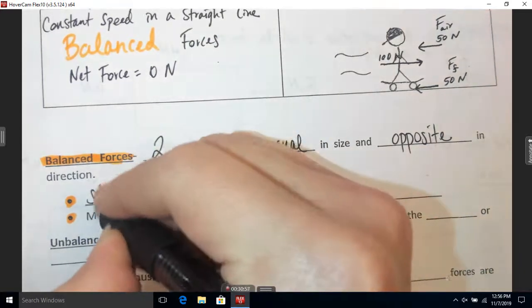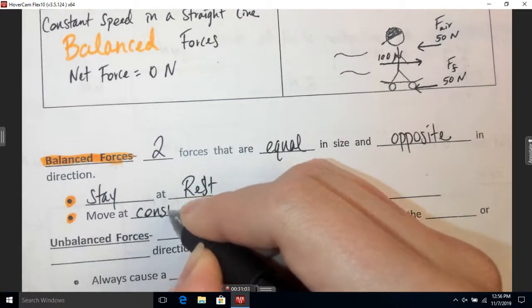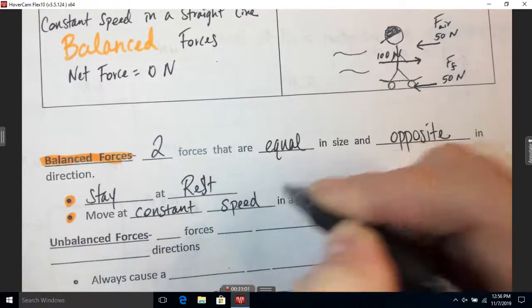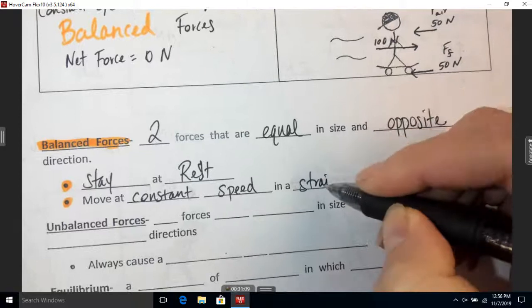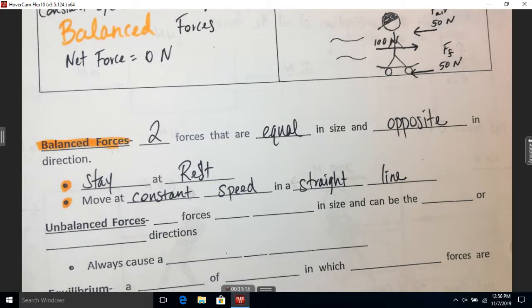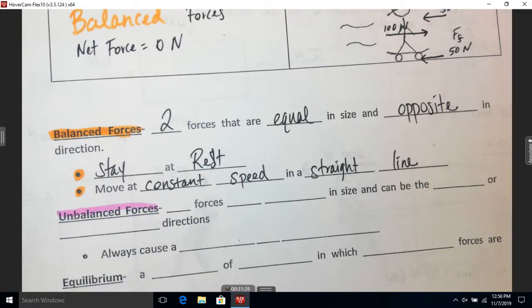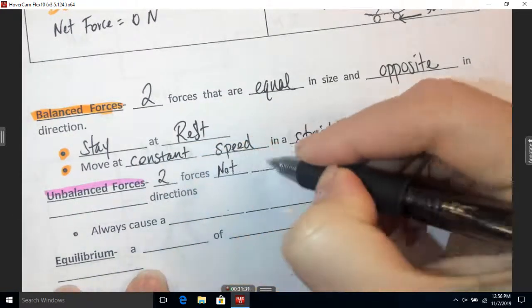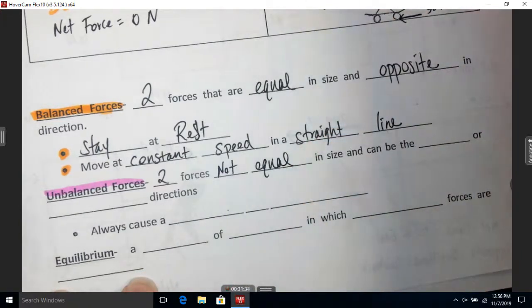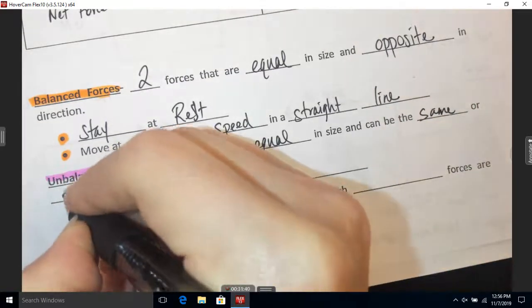So, we either stay at rest, or we move at a constant speed in a straight line. Unbalanced forces are two forces not equal in size, and it can be the same or opposite directions.